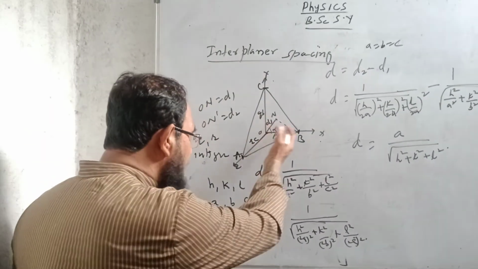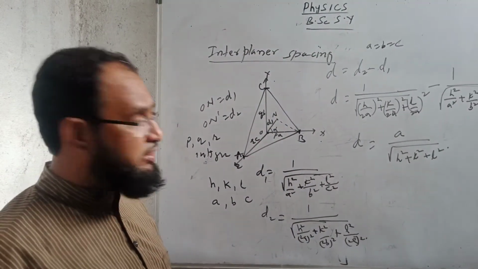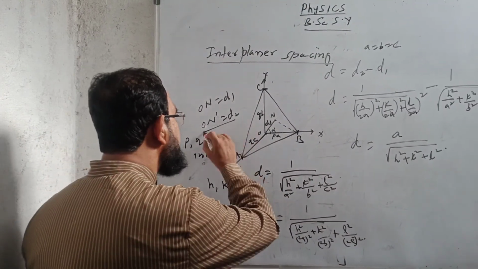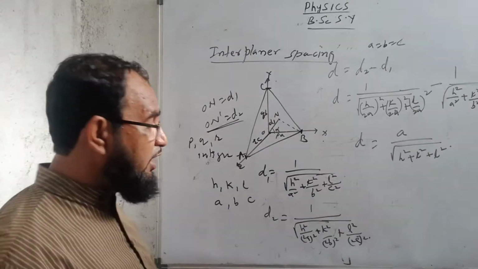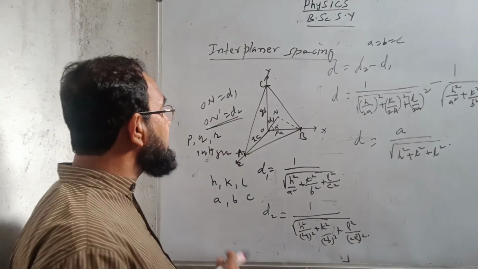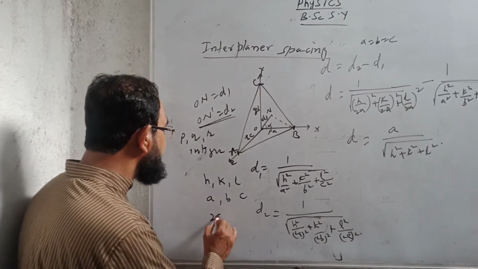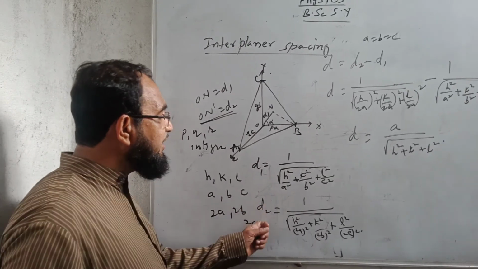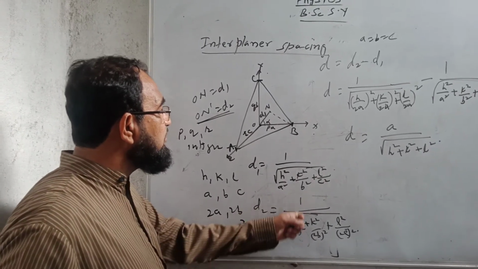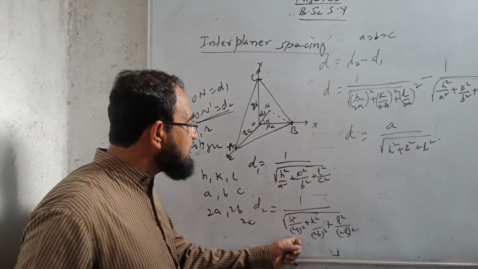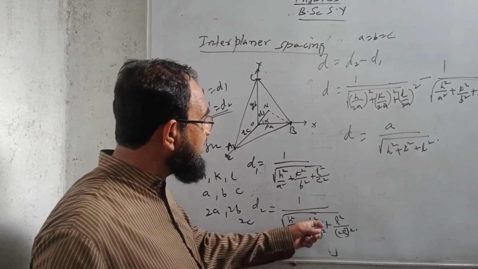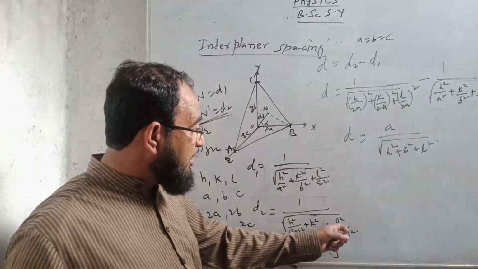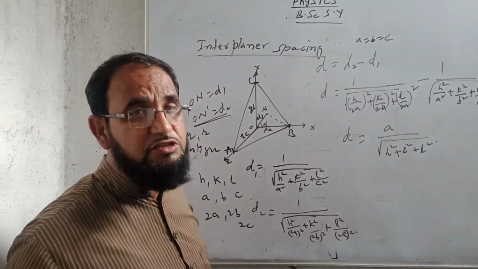Similarly, on the opposite side there is ON dash, with d2 at a distance of 2a, 2b and 2c. So d2 is equal to 1 over the root of h square by 2a square, k square by 2b square and l square by 2c square.